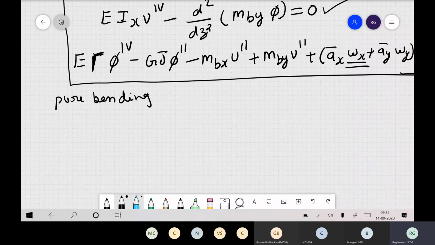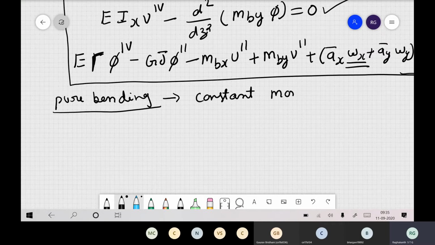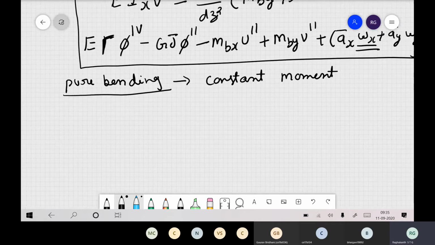So bending moment is constant, no load is applied on the beam. You are having only a constant moment kind of thing. So this is a classical problem. In bending moment, shear force, of course simply supported comes later, but pure bending you followed, right? That is how we try to solve.